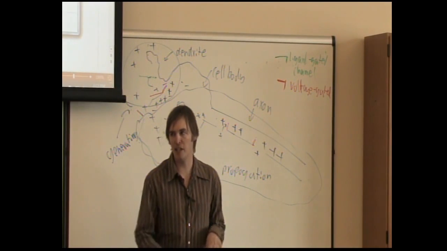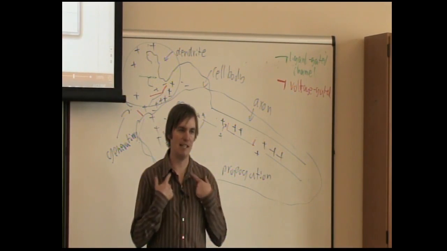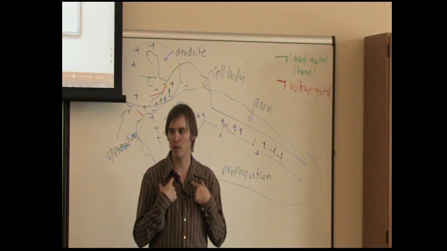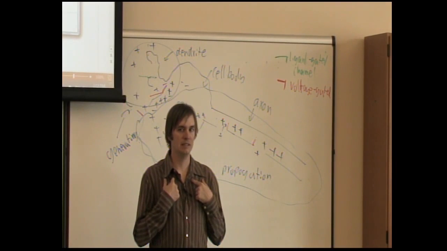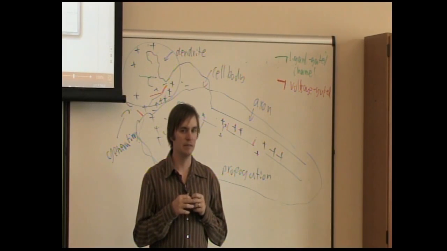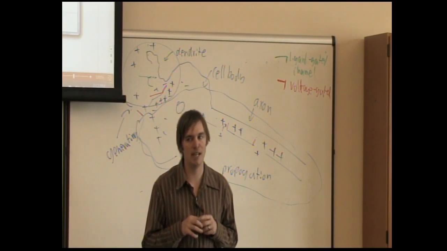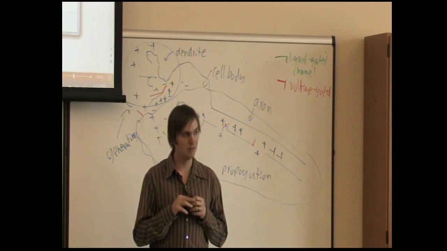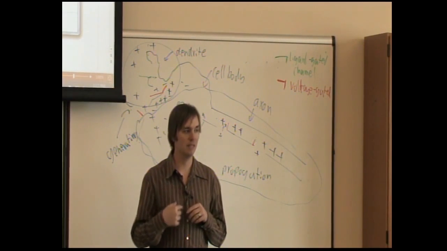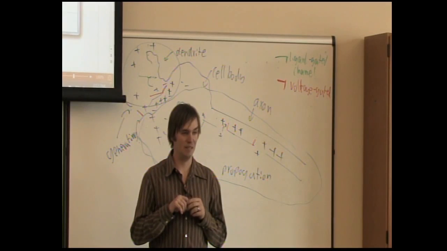And also, why do you think there's more white matter as you get higher up in the spinal cord? Okay, there are more axons. Why are there more axons there? Exactly.